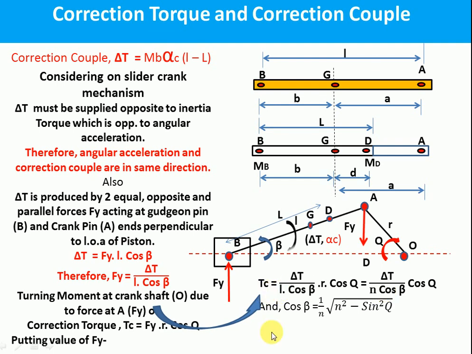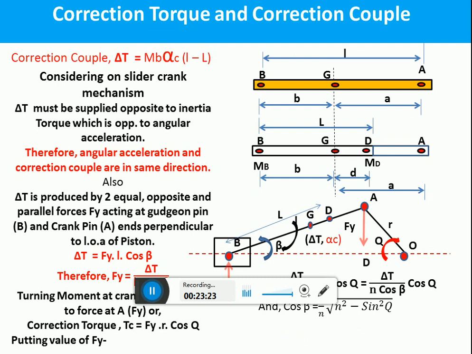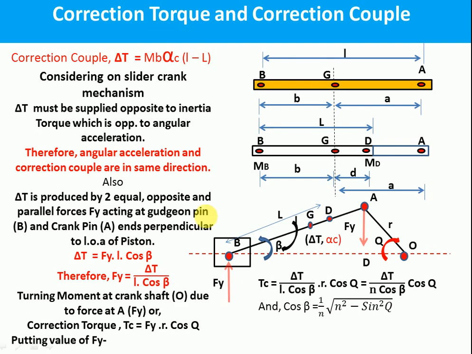So Tc becomes delta T cos theta upon n under root n square minus sin square theta, that is, the correction torque Tc is equal to delta T cos theta upon under root n square minus sin square theta.